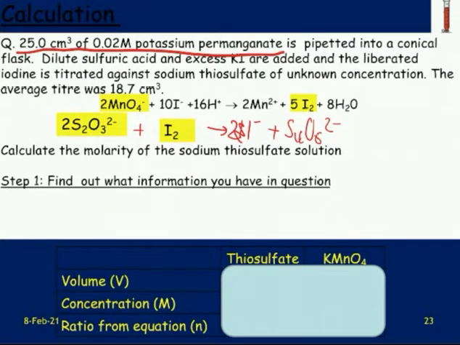We added our dilute sulfuric acid and our excess KI, and the liberated iodine is titrated against sodium thiosulfate of unknown concentration. Our titre is 18.73, and it's then asking you to calculate the molarity of your sodium thiosulfate, and your question also asks you in your book to calculate the concentration of the sodium thiosulfate solution in grams of crystalline sodium thiosulfate.